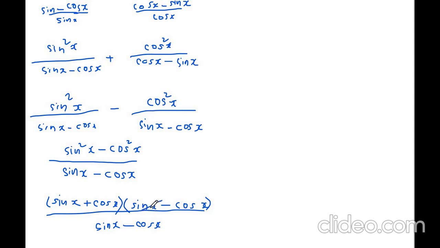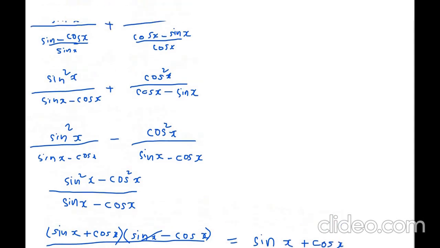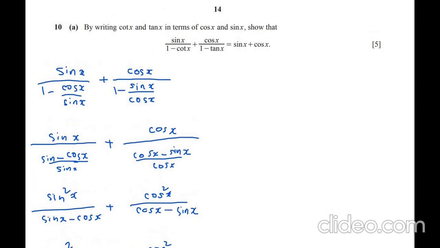And so sine x minus cos x divided by sine x minus cos x is 1, and so we are left with sine x plus cos x, and that was what we were asked to show.